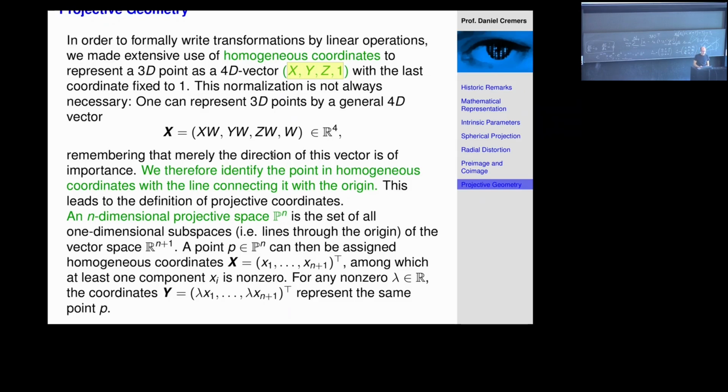Now this is a line in 4D, parameterized in w, but what matters is only the direction in which this line is. That's the whole point of associating a 3D point with a line in 4D, where all that matters about this line is its direction. Meaning I can normalize it any way I want. I can divide by w, and then I get back this homogeneous coordinate vector. So we identify the point in homogeneous coordinates with the line connecting it with the origin. And that's this line here.